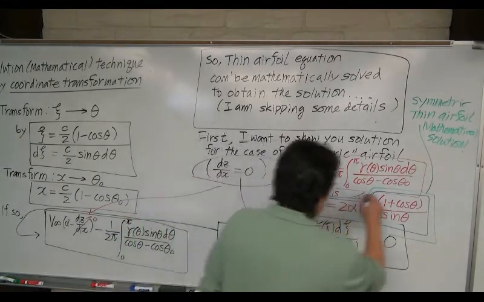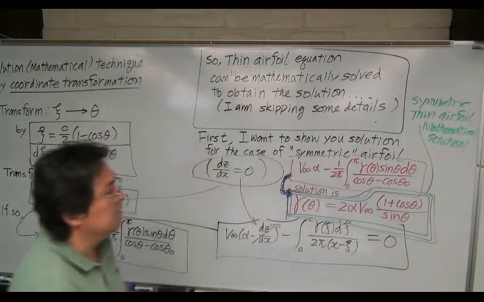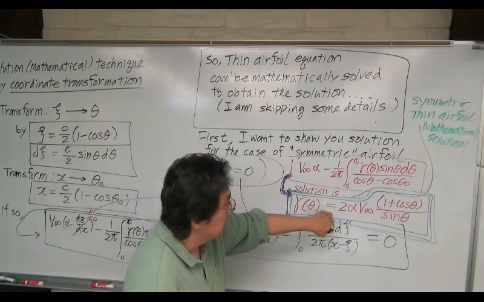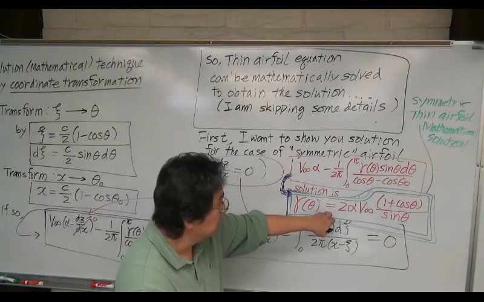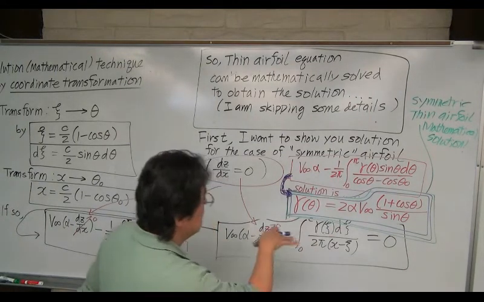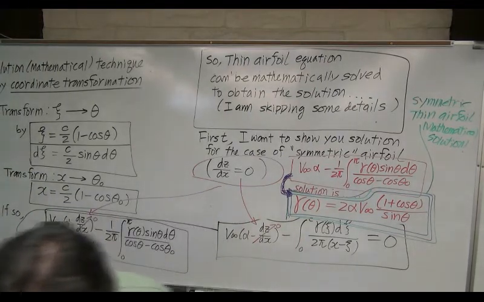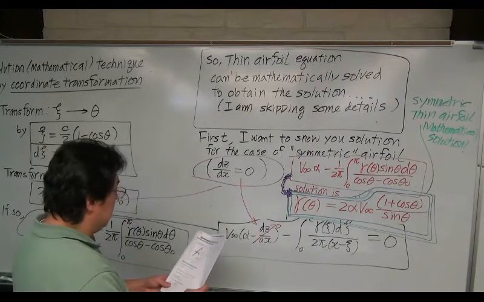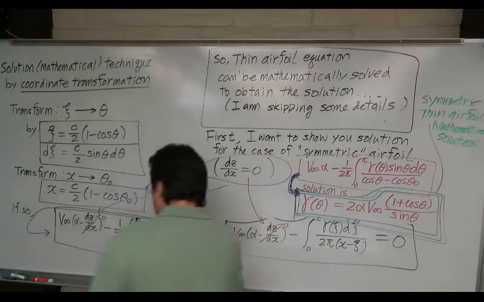We will use this well-known, famous symmetric thin airfoil mathematical solution. We're going to pick up this result and derive what it implies about lift coefficient, moment coefficient, and other things. That's what we want to do. Right now we are on page 4, so let's move on to page 5.